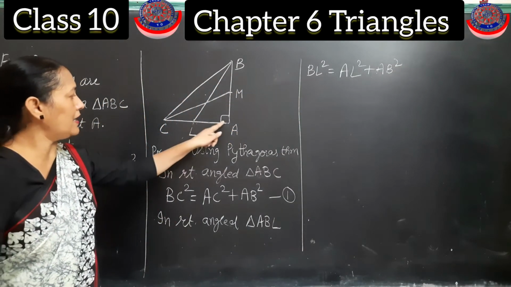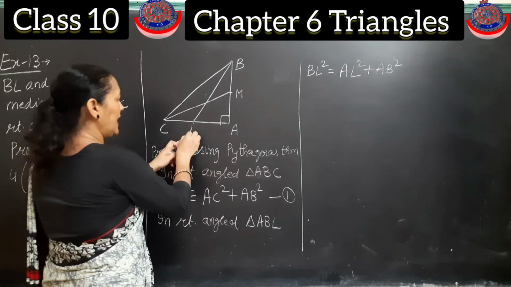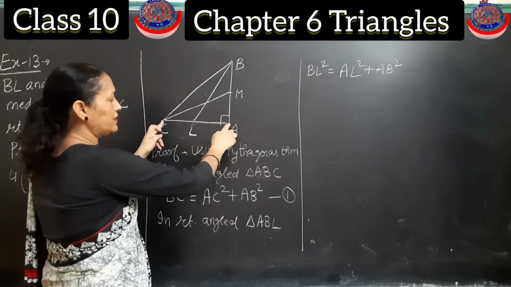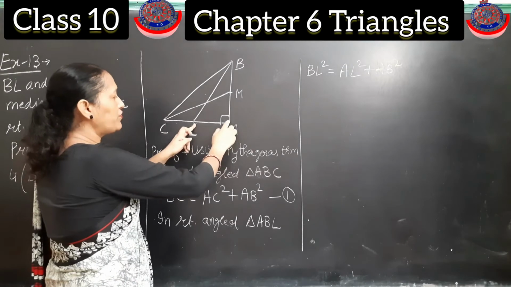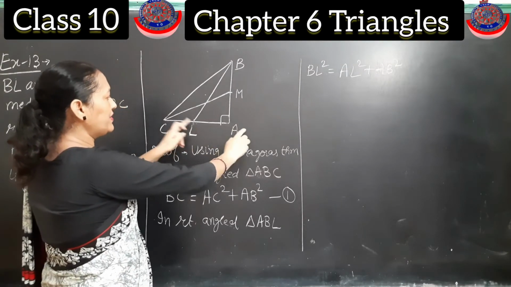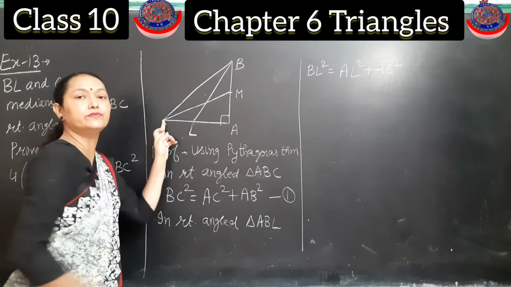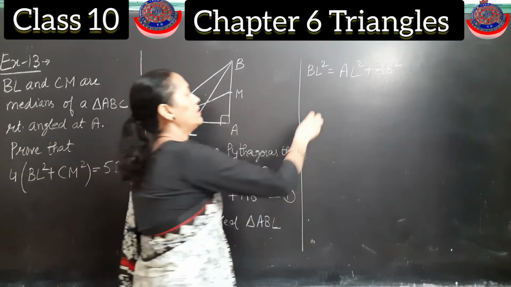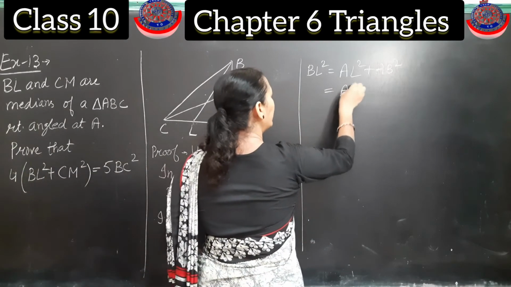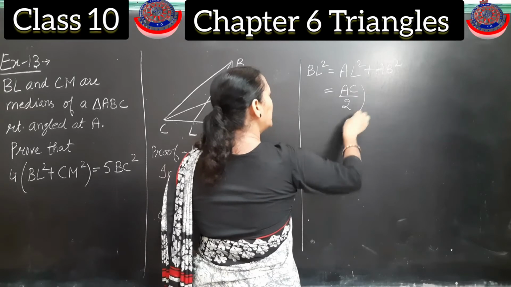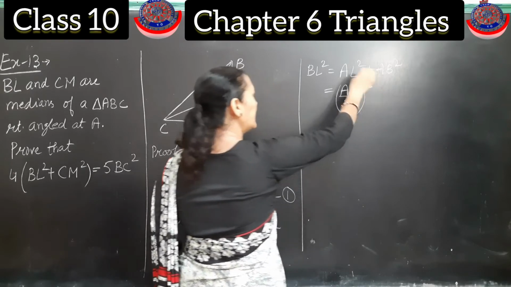Now AL: L is the midpoint of AC. That means in place of AL, can we write AC upon 2? Yes, we can. In place of AL, we will write AC upon 2. If you take half of AC, it is AL only.